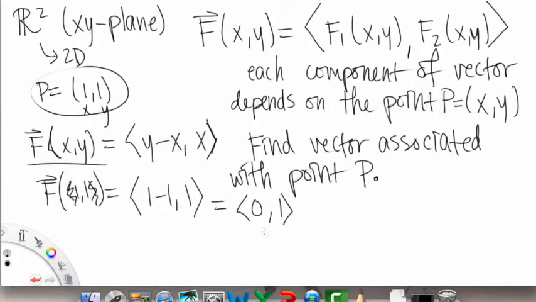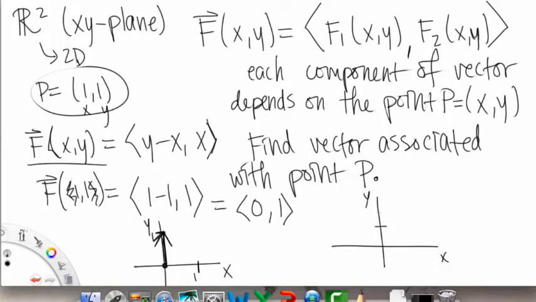And what that means is that usually what (0, 1) would look like as a vector is going to be something like, here's 1 and here's 1. So the vector (0, 1) would be 0 in the x direction and 1 up. Okay, so that would be the vector. However, now in the vector field, it's a little bit different.